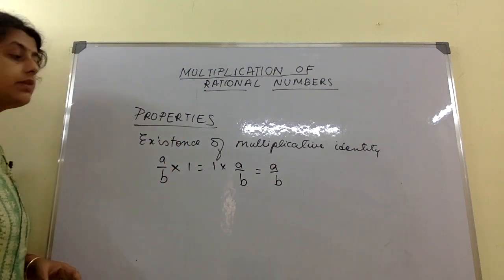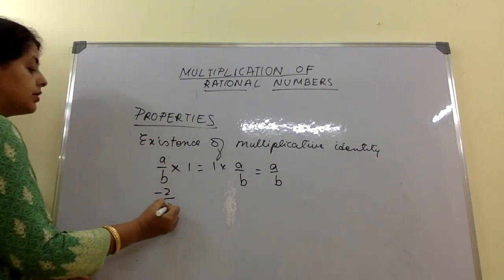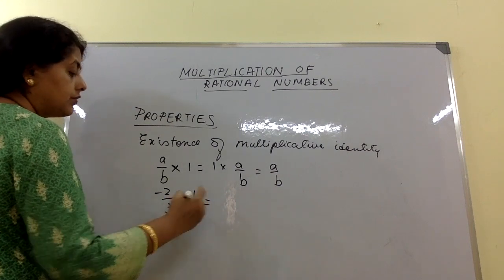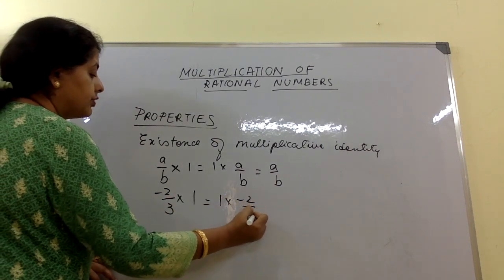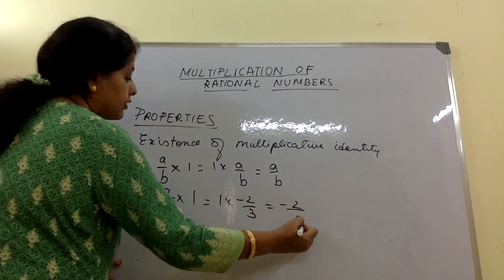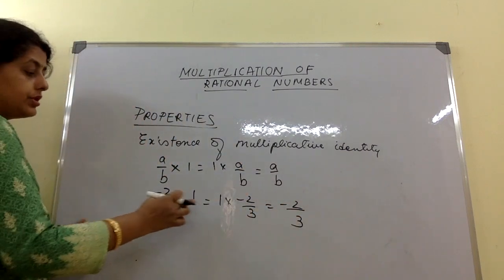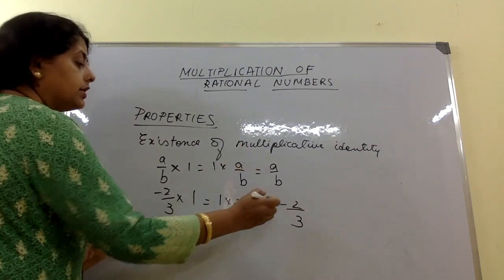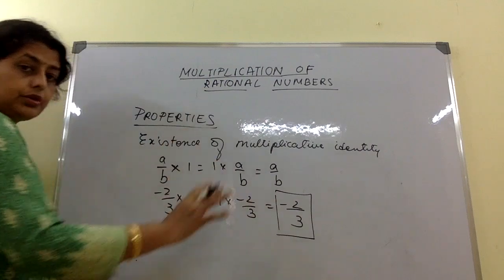Now in very simple words, every rational number if multiplied with 1, whether you write 1 first or the rational number first, it will always give you the same rational number. Do you note this? Minus 2 by 3 with the 1, or 1 into minus 2 by 3 finally gives you this minus 2 by 3 only.